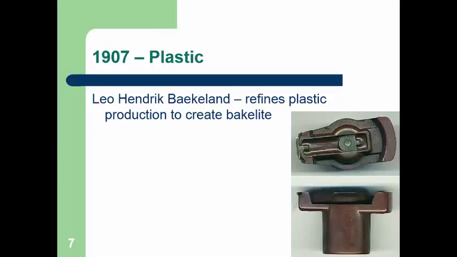They have high resistance to electrical flow. So it became ideal and was used first for electrical components. This particular piece is part of a distributor for a motor. So you needed a structural part that wouldn't conduct electricity to hold the conducting metal parts together and in a certain place in space. So this is Bakelite.